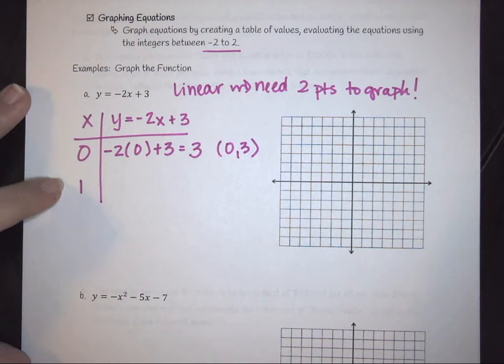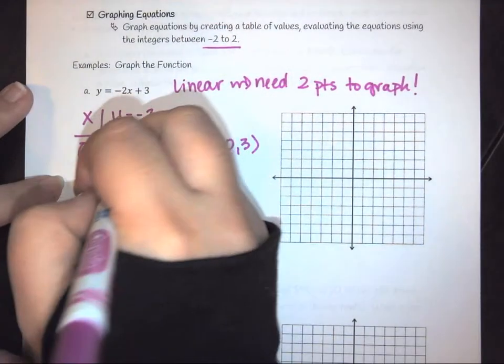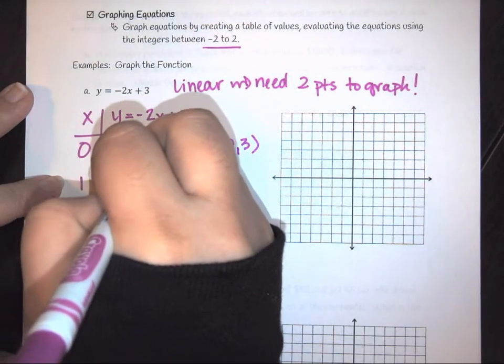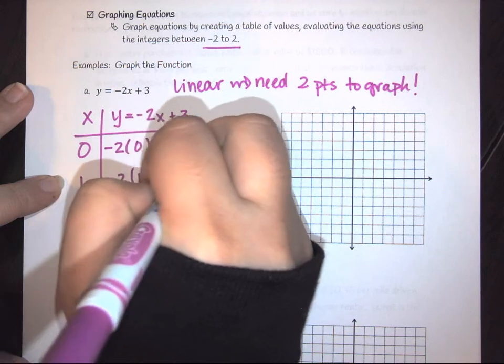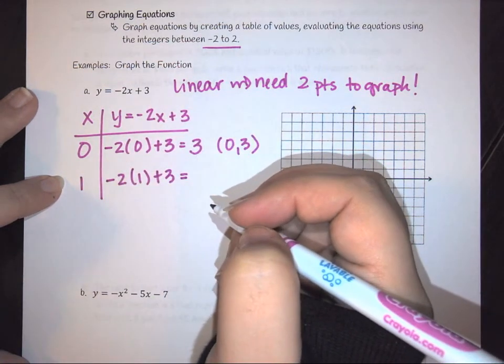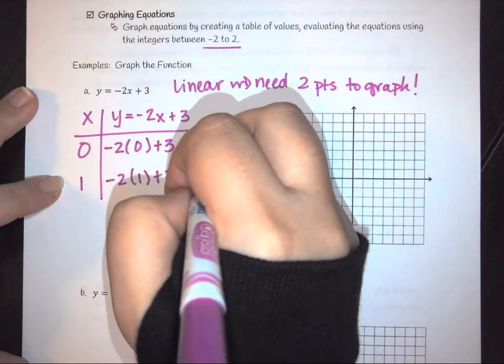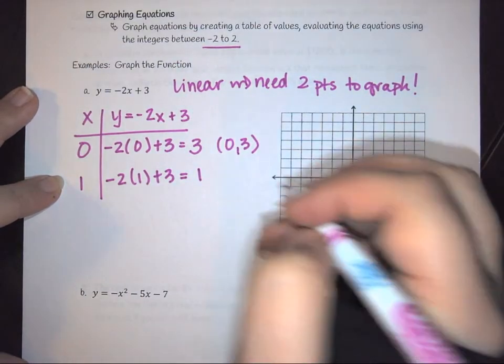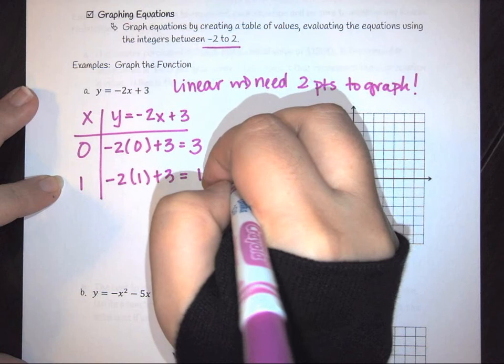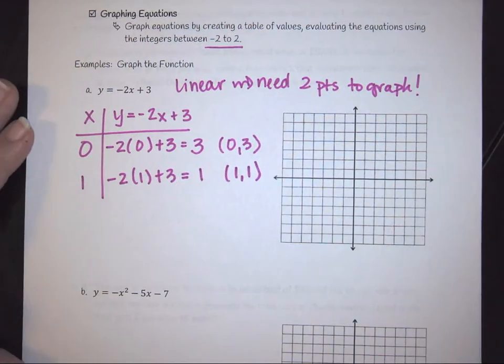Now the next one I have is the point 1. So here, this is -2 times 1 plus 3. -2 times 1 is -2, plus 3 gives you a positive 1 as a result, thus making this the coordinate point 1, 1 to work with.